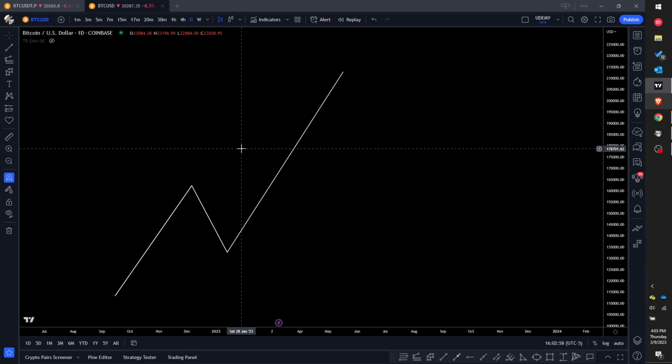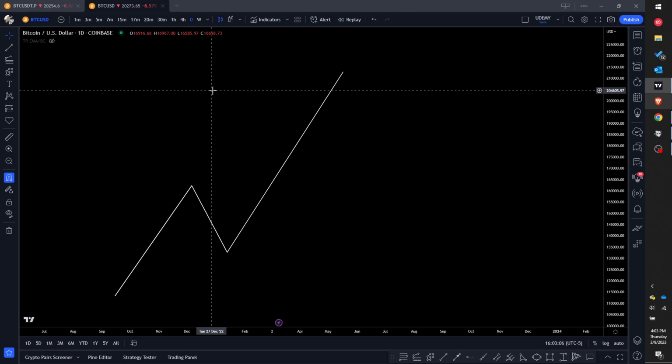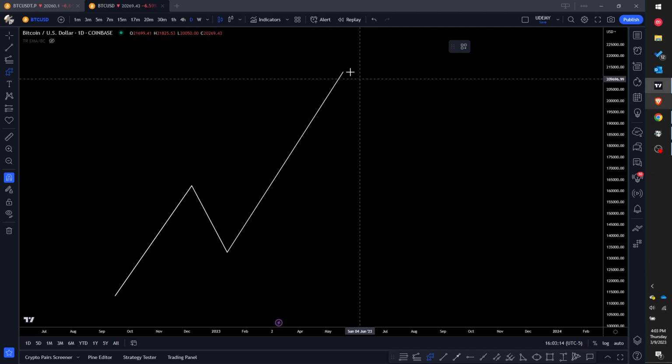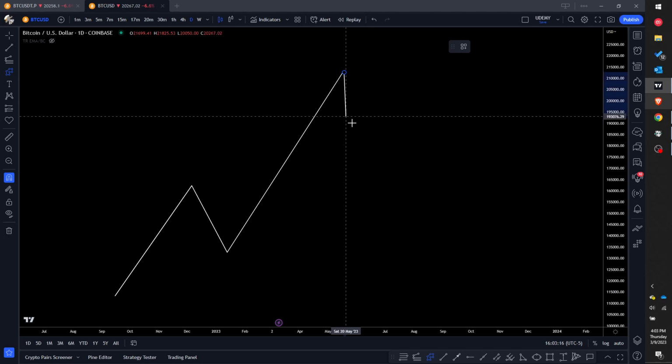So this is what we found for impulse waves. But the corrective waves, like let's say we have a 4 coming off of here for Elliott wave, typically did not follow this as much.